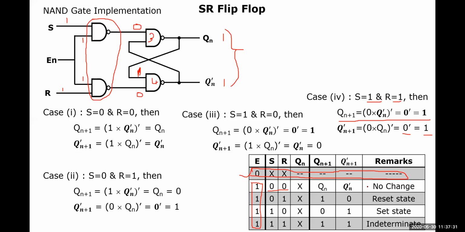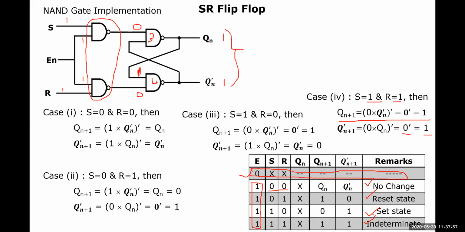So that is why the no change state occurs. And 1, 0 will be reset and 0, 1 will be set. In the SR latch 0, 1 is reset and 1, 0 is set, followed by 1, 1 as the indeterminate state. So whatever discussion we made for the SR latch, quite the opposite occurs in the SR flip-flop. You need to remember.